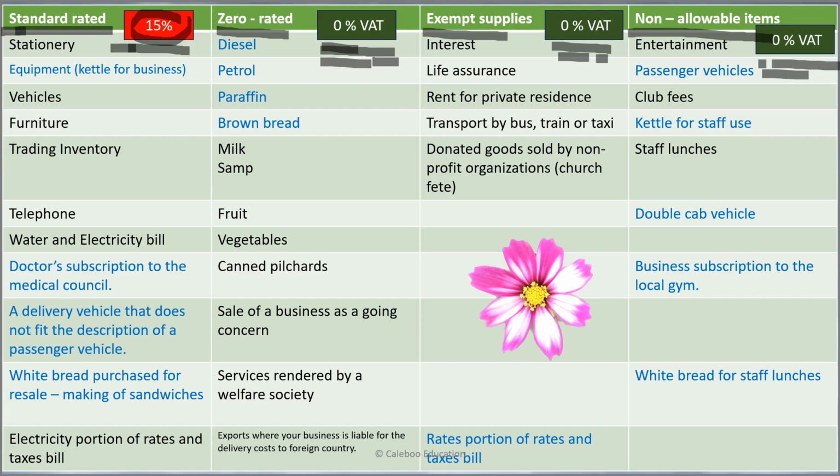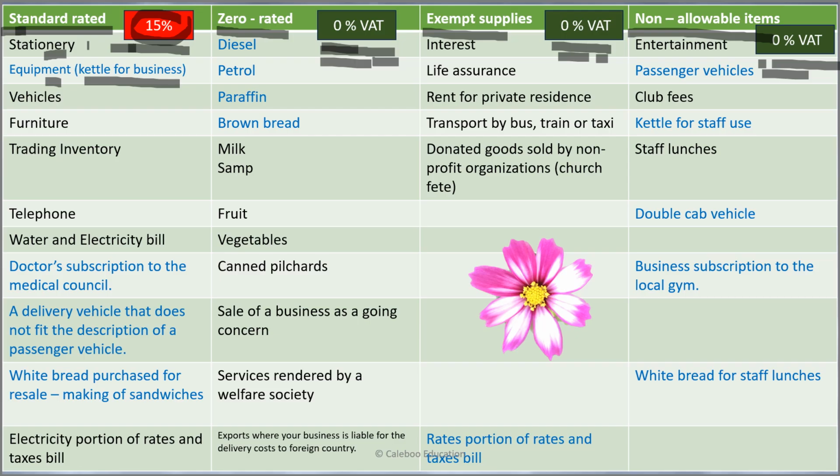Here are examples of standard rated items. Any item that is used in the business to generate a profit. So stationery, I've put here equipment, and in brackets I said a kettle for the business. So if you have a restaurant, the kettle would be part of the equipment of the business.